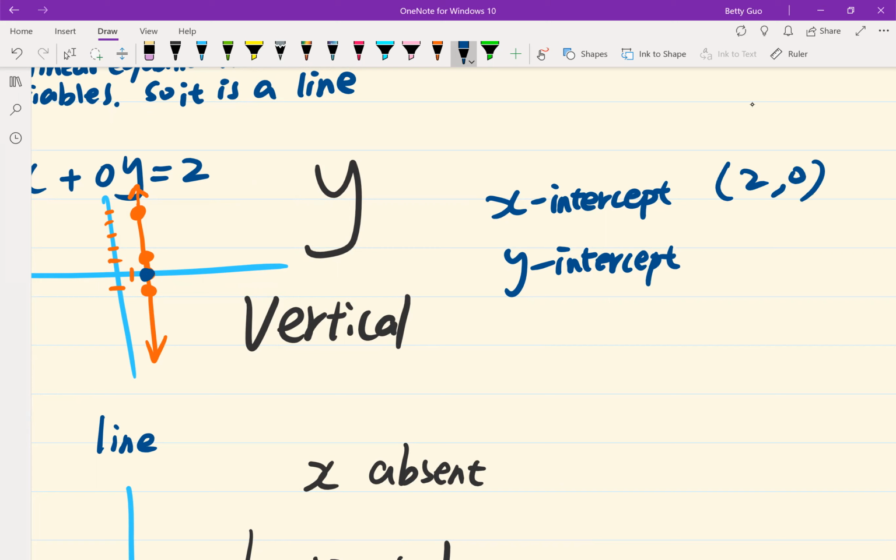That's the intersection of the vertical line and the x-axis. And what about the y-intercept? Does not exist, because the vertical straight line does not cross the y-axis. It is parallel. Two parallel straight lines do not cross.